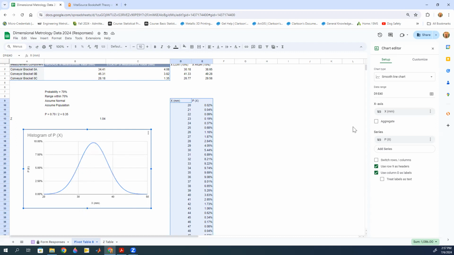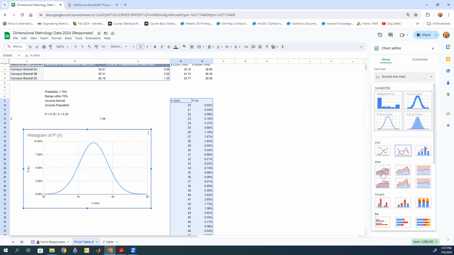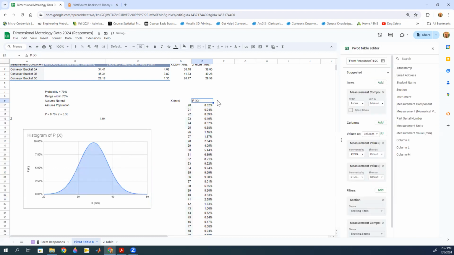We can make that more of a shaded region, and then we can add the probability of 70% of X here. And so looking at our range here, we're about 30 to 38. And so we'll just approximate that by giving these values numbers, and then we will go back to this chart.